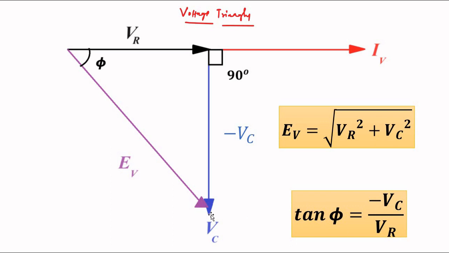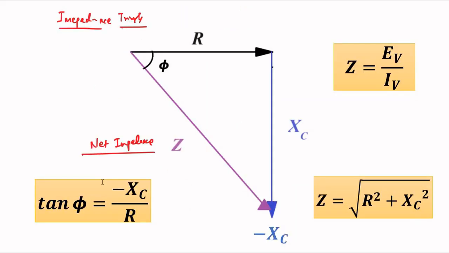So phi will be equal to tan inverse of minus VC by VR, or phi will be equal to tan inverse of minus XC by R. Whichever way you want to go, you will get the same result.